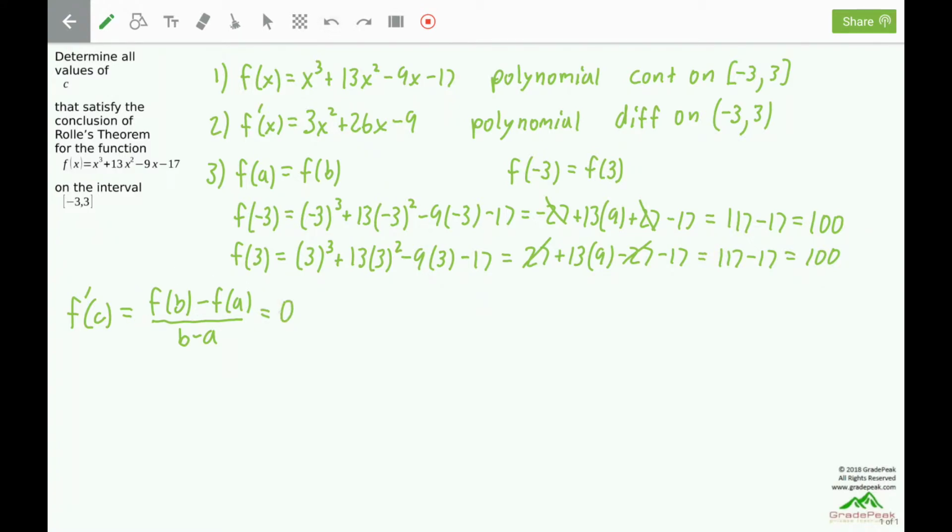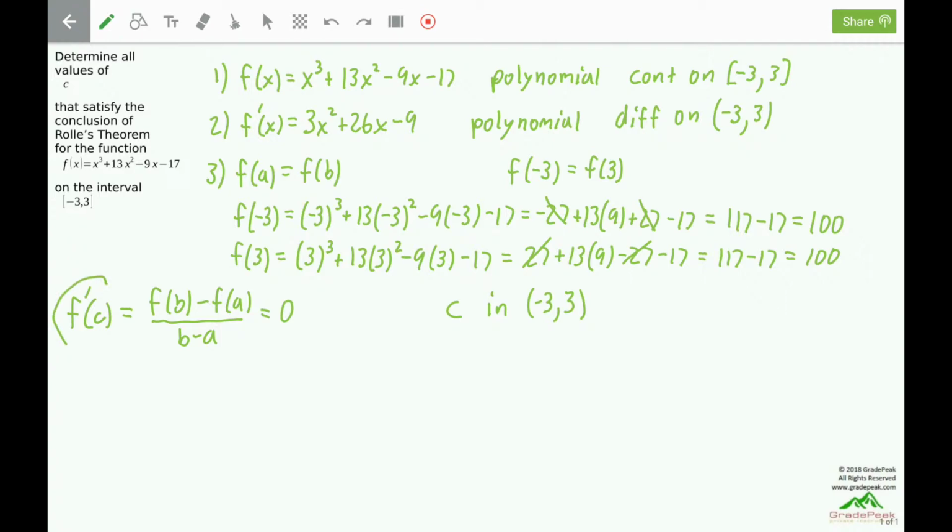Rolle's theorem is the special case where f prime of c equals 0 for at least one, perhaps more, c values in the open interval of -3 to 3. We are going to solve for every c value and keep those that are in that interval. We're guaranteed at least one, perhaps more.